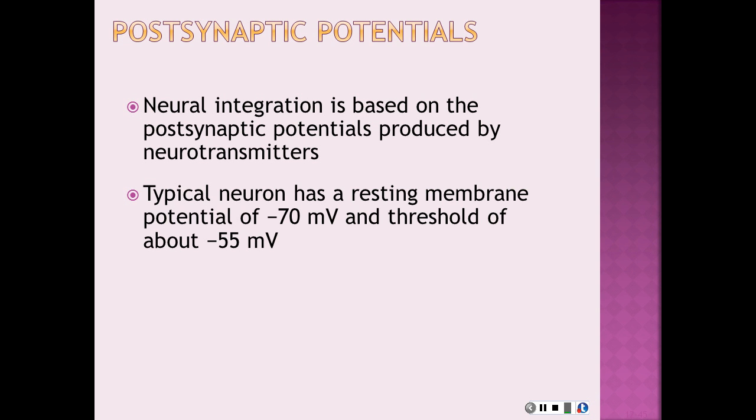Now because of ion leakage, all neurons fire at a certain background rate even when not being stimulated. The EPSP, the excitatory postsynaptic potential, and the IPSP, the inhibitory postsynaptic potential, only change the rate of firing.